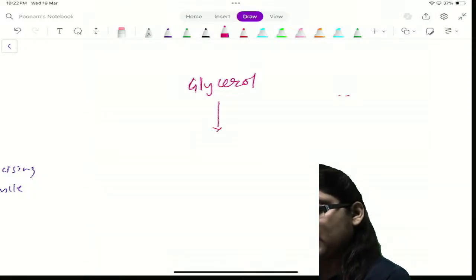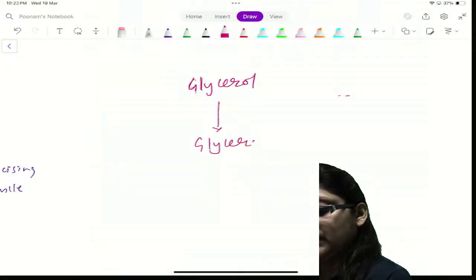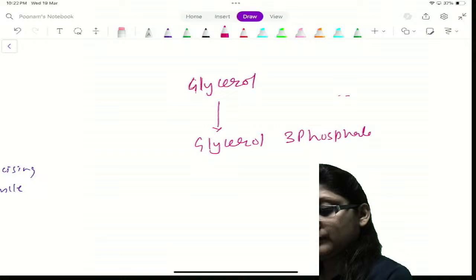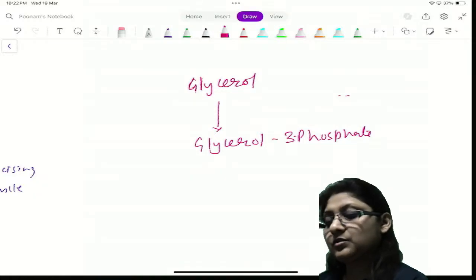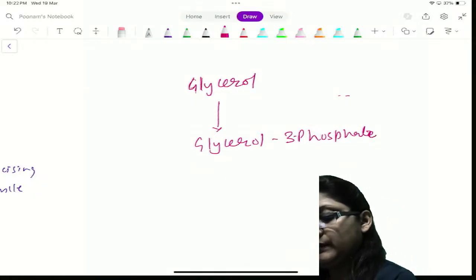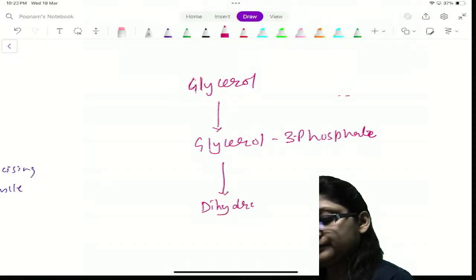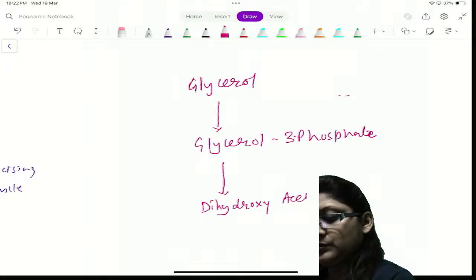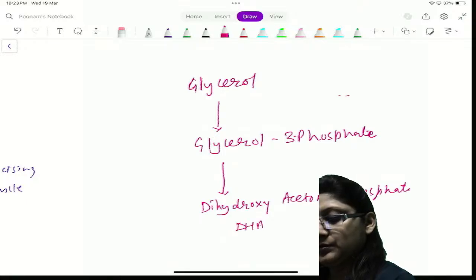So this glycerol is converted to glycerol 3-phosphate, which is next converted to dihydroxyacetone phosphate. Dihydroxyacetone phosphate.